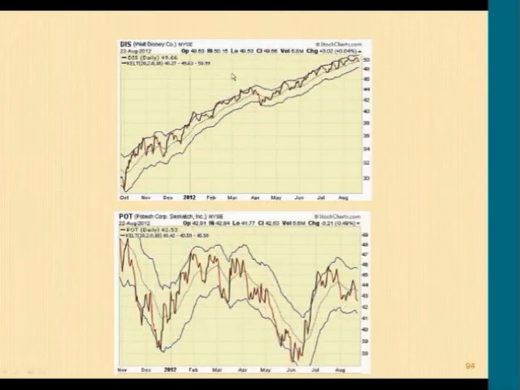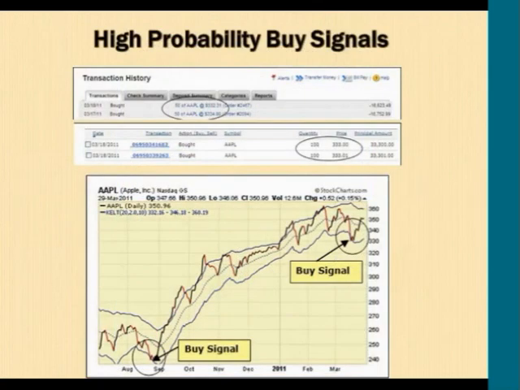Here's another example, Disney versus Potash. So that's another useful tool that can be used with these Keltner channels. Here, we now have what I call high probability signals.